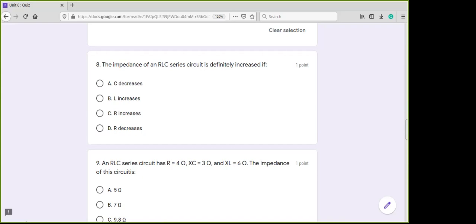Yeah, very good. Because the impedance is given by under square root R square plus XL minus XC whole square. Therefore, when, for example, the inductive reactance increases, maybe the capacitive reactance again increases, there is a variation there, but it always increases when the resistance is increased, yes? Yes. Good, option C is correct.